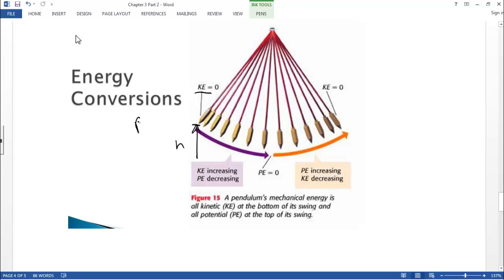There's a height here, so PE equals the weight of the pendulum times 9.8 meters per second squared, that's the gravitational constant, times whatever that height might be. And the kinetic energy is 0. And when it reaches the bottom here, this is at its lowest point, a little h.